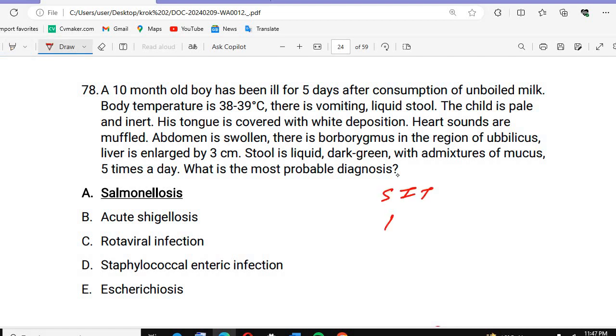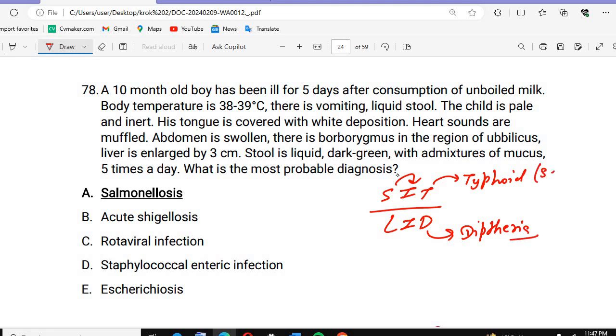If you get small intestine involvement, that is seen in typhoid, which is caused by salmonella. If the large intestine is involved, that is seen in dysentery, sorry, not diphtheria. Shigella dysentery, caused by Shigella.